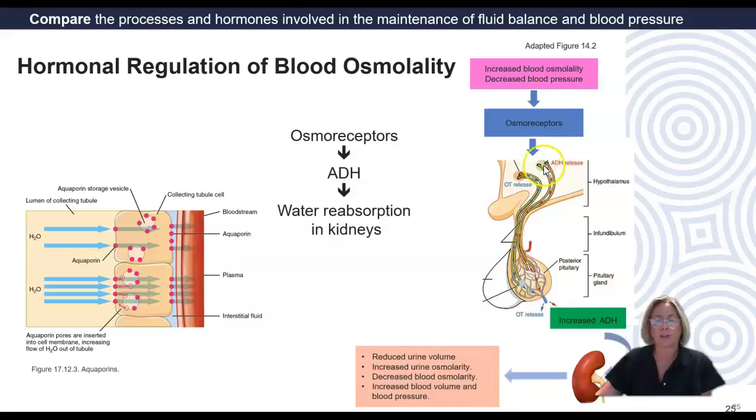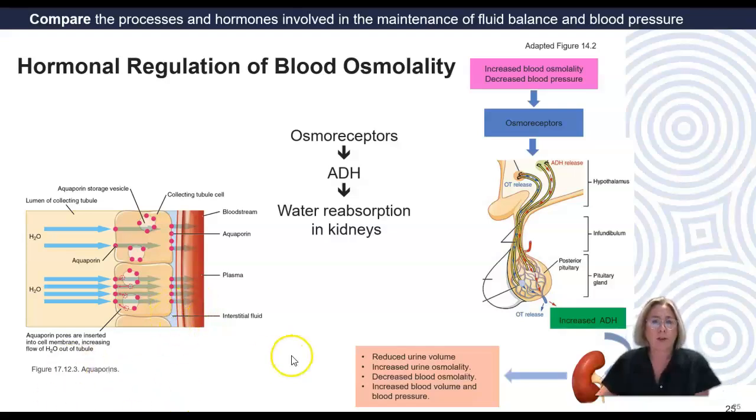So when it is released from the posterior pituitary, it travels all the way down to the kidneys, to the collecting duct, and binds to those principal cells lining the collecting duct to cause the insertion of an increased number of these aquaporins, and these aquaporins then will allow for that rapid movement of water through the cells of the collecting duct and then into the interstitial fluid, into those peritubular capillaries, or the vasa recta.